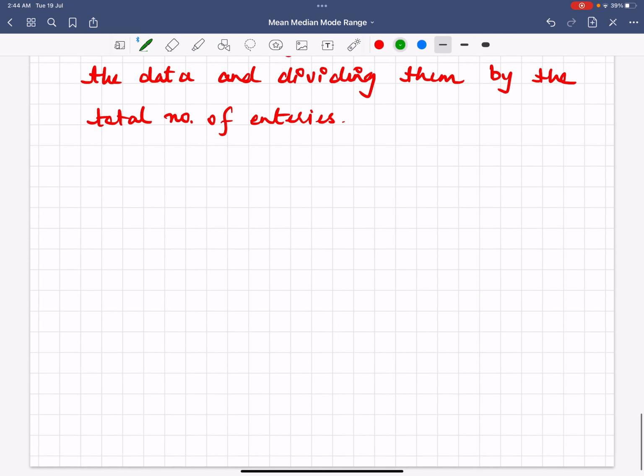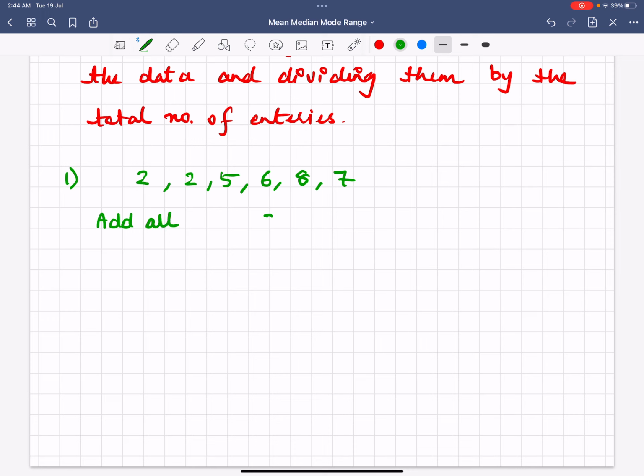Let's try question number 1 to find the mean. We are given the numbers 2, 2, 5, 6, 8 and 7. Now in order to find the mean, first step is add all the numbers.